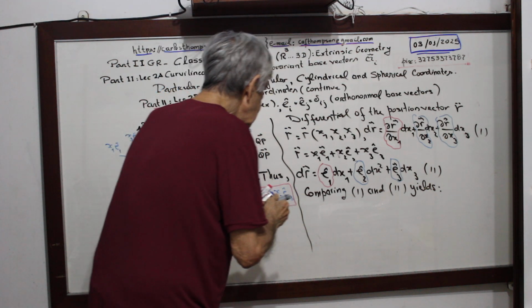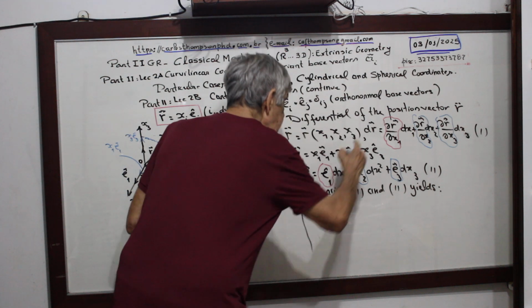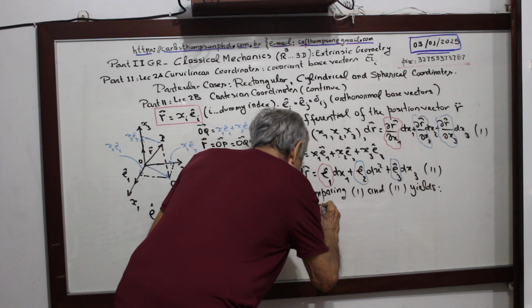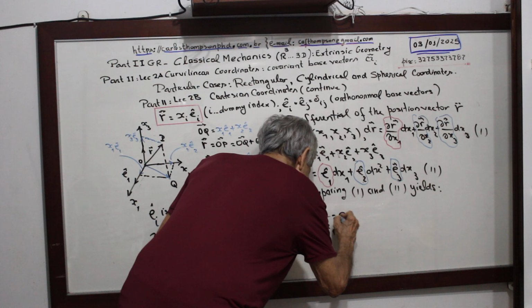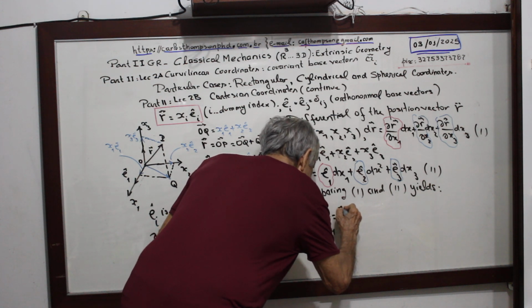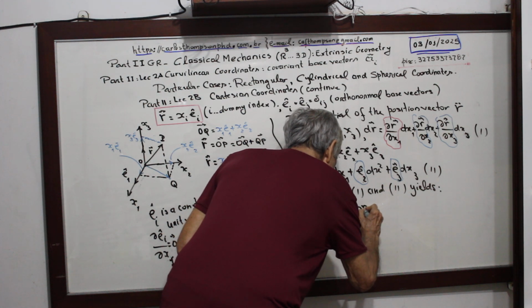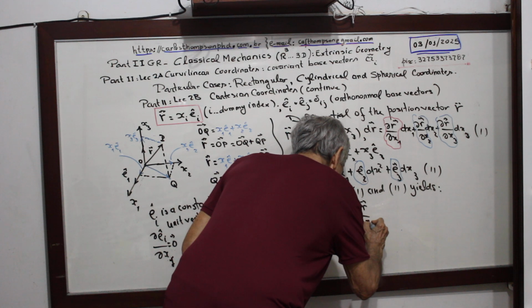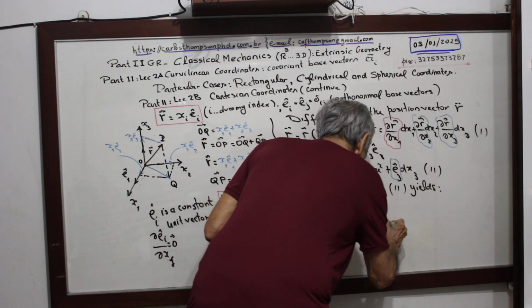Comparing here, partial r with respect to x1 is equal to e1. Partial r with respect to x2 is equal to e2.